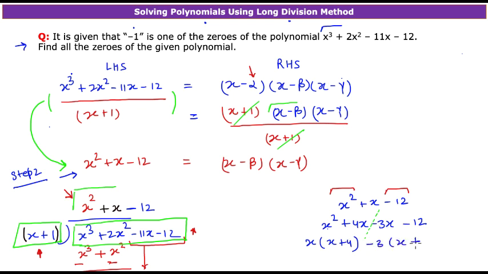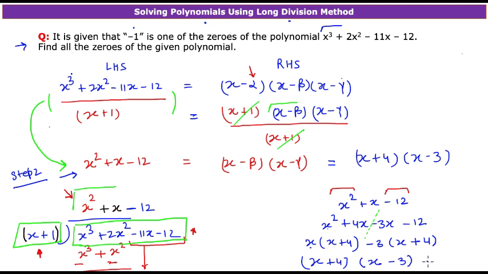And what remains inside the parenthesis is x plus 4. Once again, we are going to apply the reverse distributive principle. If I simply factor out this x plus 4 from these two subgroups, then what remains inside the parenthesis is x from the first subgroup and negative 3 from the second subgroup, right? That is equal to x plus 4 times x minus 3.